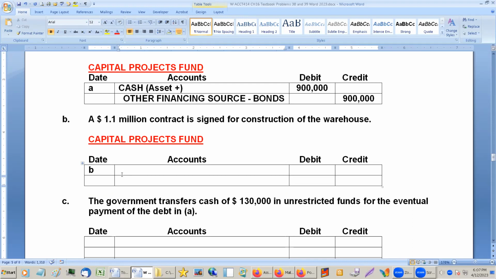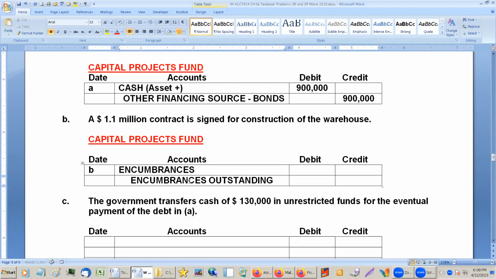What accounts do we use? We want to put our hand on the money. Wouldn't it be encumbrance and then encumbrance outstanding? Yes, yep. And these are budget accounts.